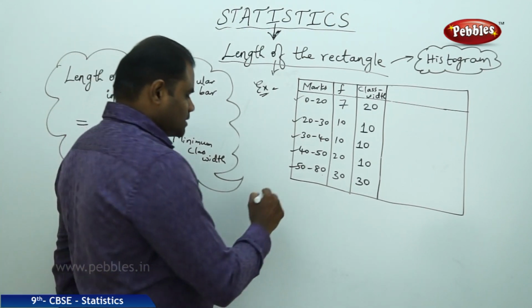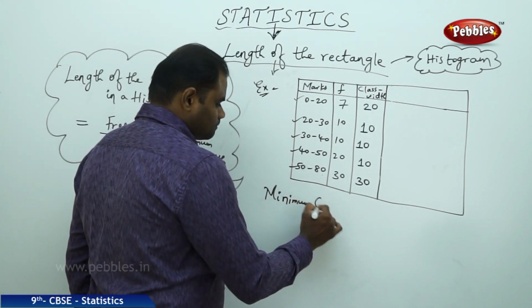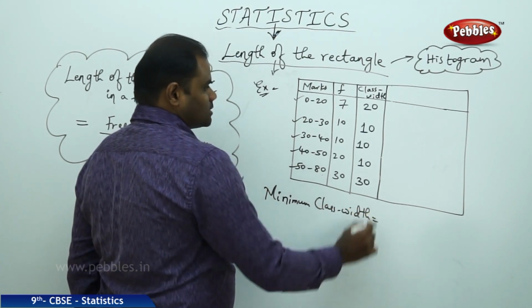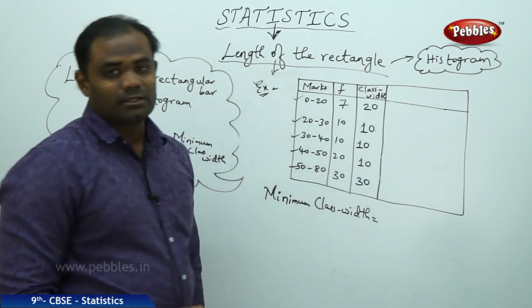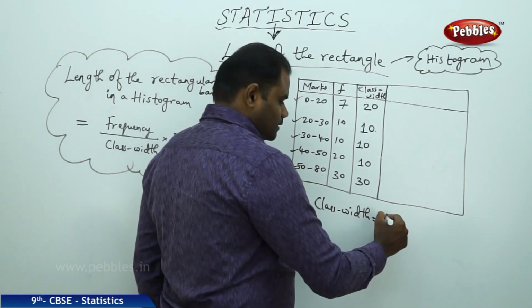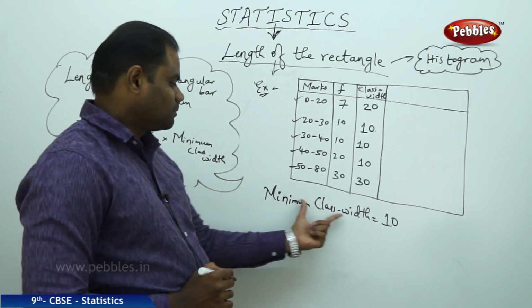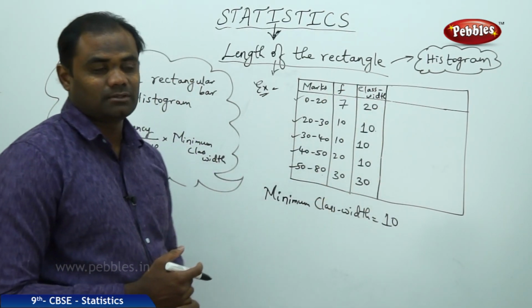Now clearly the minimum class width is the least of all these values, and 10 is the least of all the class widths. So the minimum class width is 10. Now we have the minimum class width, the class width and the frequency.